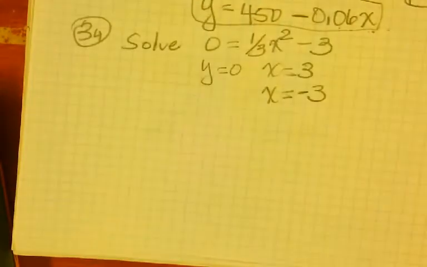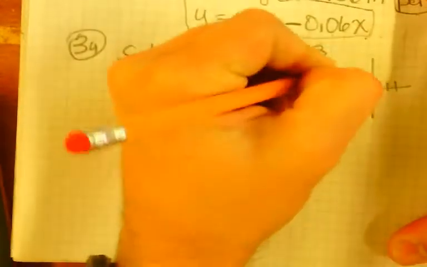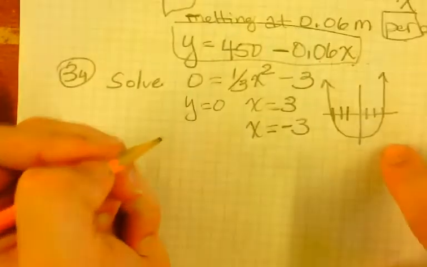Son dos soluciones. Guys, come back together. Okay, 2 solutions here, because your graph comes up at negative 3 and positive 3, like this. So sketch your graph.